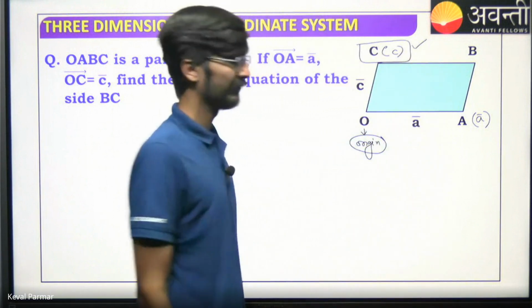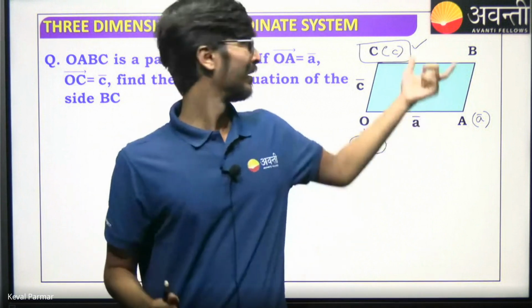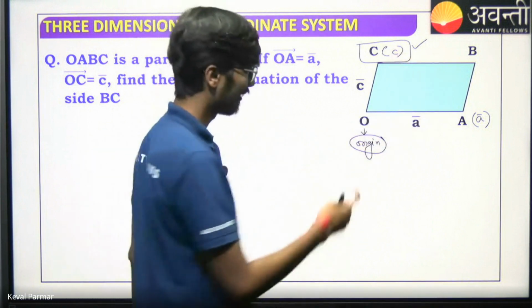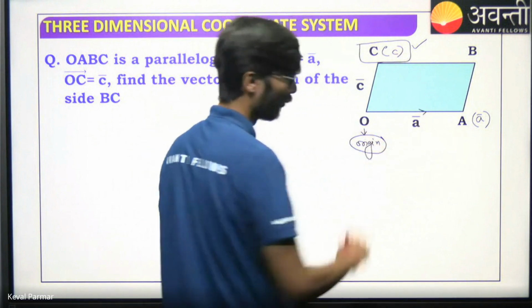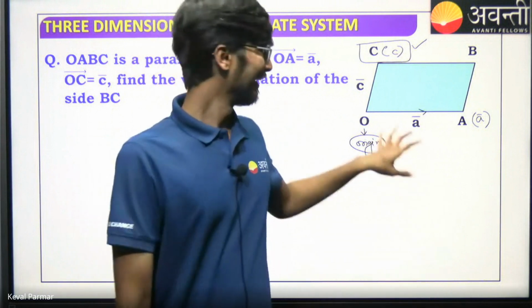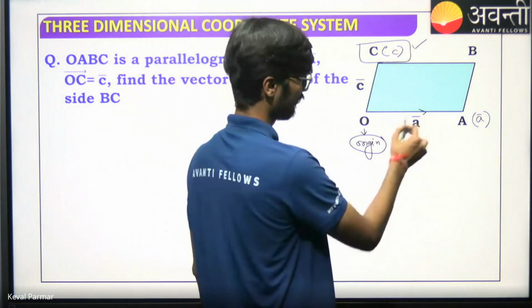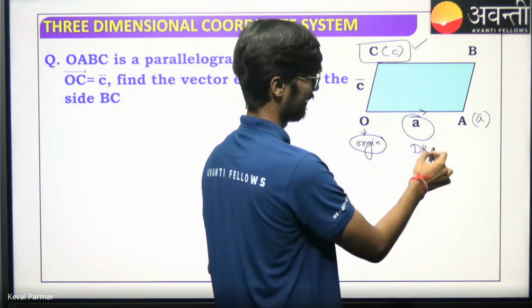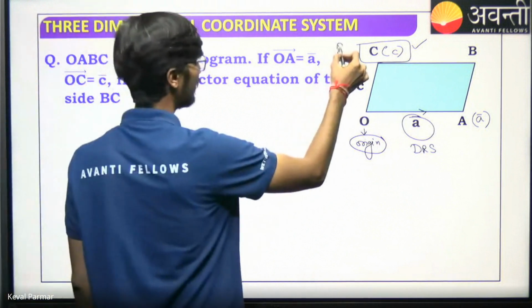What is the DRS? DRS means any vector parallel to BC. As you can see, OA vector or AO vector, you can take any, is parallel to BC. That means this is my DRS. So we got the point, and this is the DRS.